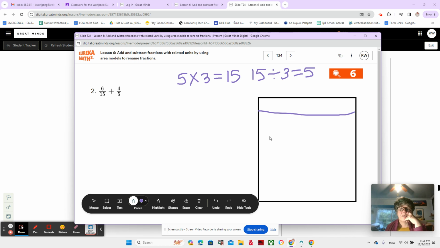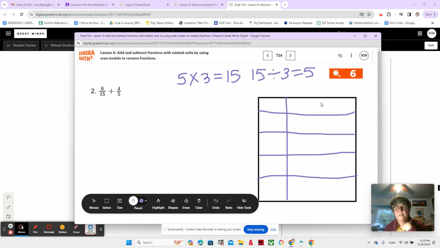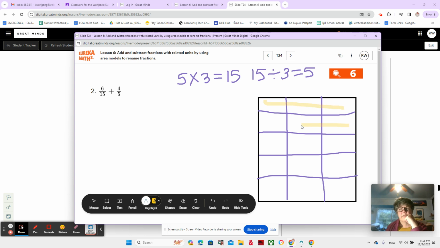15, we could do 5 this way, 4 lines, right? Drawing along with me. And 3 this way. Okay. There we have 15ths, and 6 of them. 1, 2, 3, 4, 5, 6.